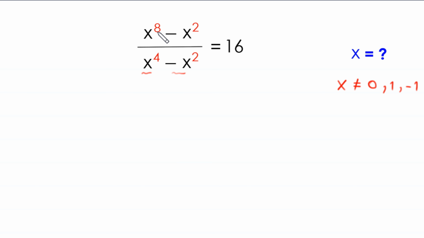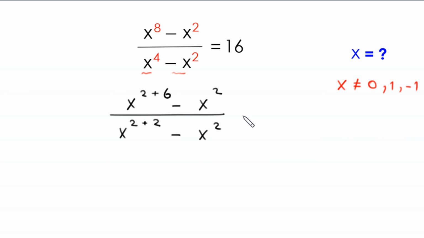Now this x to the power 8 can be written as x to the power 2 plus 6 minus x squared, divided by this x to the power 4, which can be written as x to the power 2 plus 2, minus x squared, equal to 16.